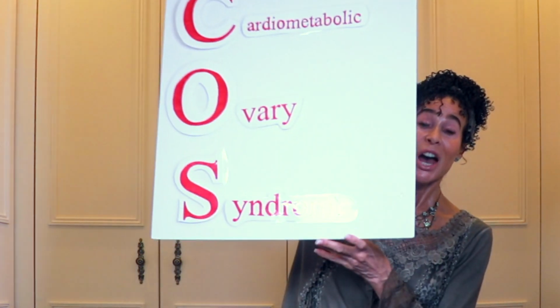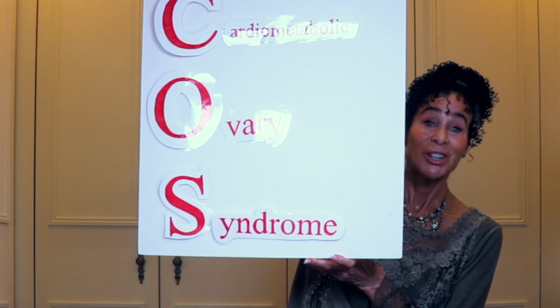Instead of PCOS being the acronym for polycystic ovary syndrome, its name should be permanent cardiometabolic ovary syndrome. And that's because PCOS is really diabetes of your ovaries, and it causes all the same long-term problems that you see with diabetes type 2.